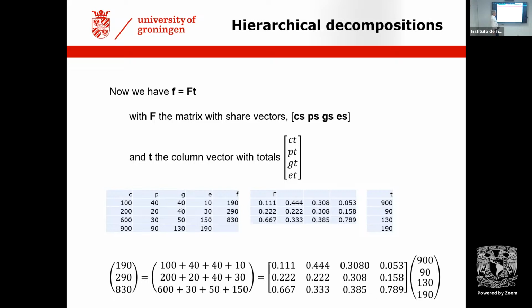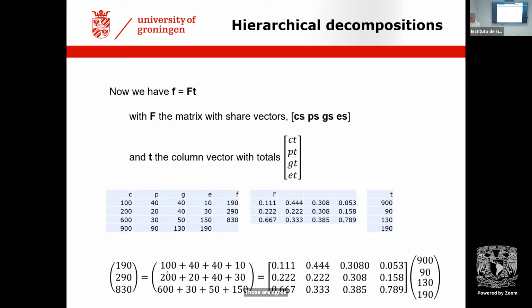Because if you do the calculation, 0.1 times 900 is the same as 100 divided by 900 times 900. No surprise, that is 100. So it gives you the total final demand. You also agree?